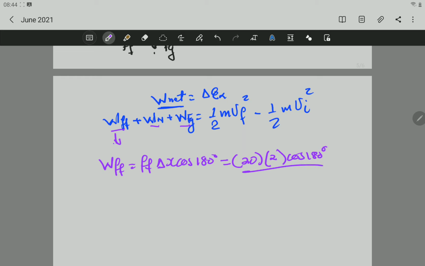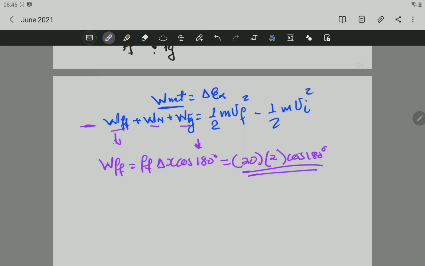Now, let me say something that I noticed with my learners. For the work done by frictional force, you cannot write the negative here. The negative is coming because of the angle of 180. So you cannot write minus work done by friction. These are not vectors, so the minus will come later, and the meaning is no direction. So please, let's not make that mistake.